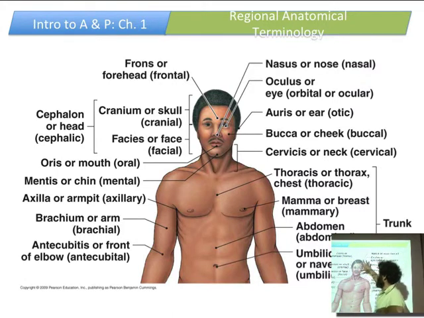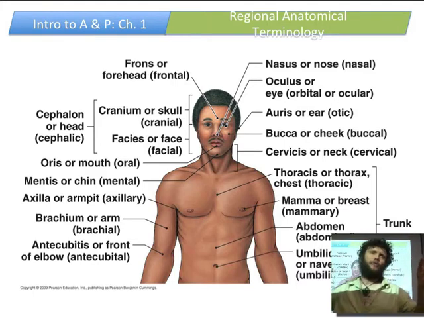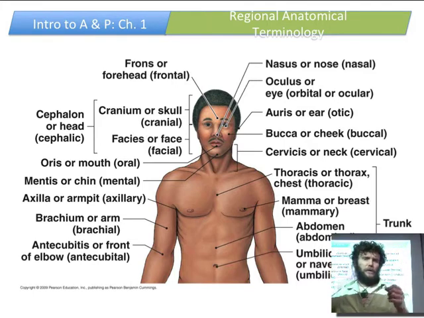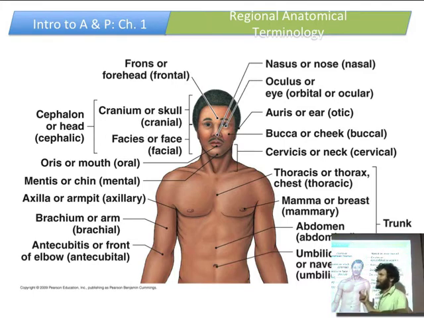So there's the cephalon, and there's also two different words that we're going to use here. There's the nominative form, which is the noun, and there's the adjectival form, or the adjective. So cephalon or cephalic, right? Cephalon is the noun, that is the head, or cephalic means something relating to the head. So cephalon or cephalic is broken down into two regions.